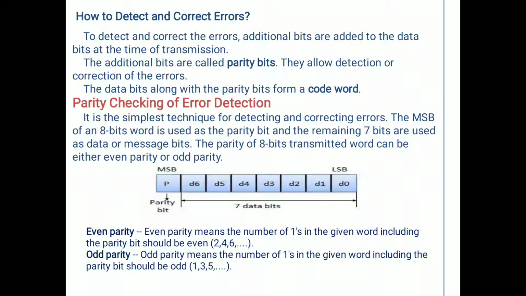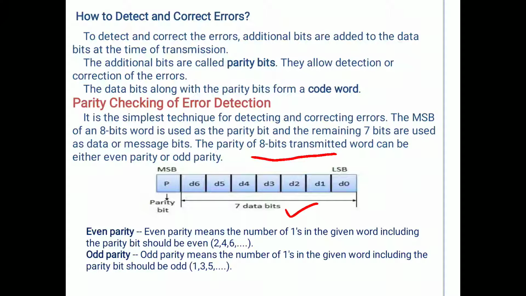So if you consider 8 bits of data, 7 bits are considered as the data bits and one MSB bit is called the parity bit.